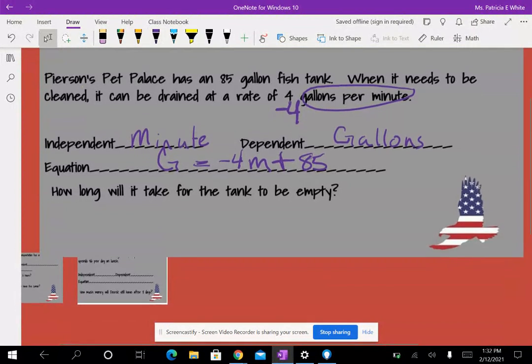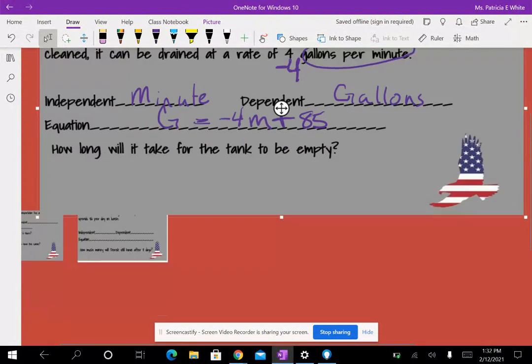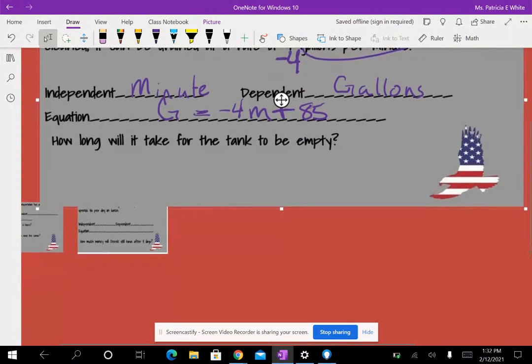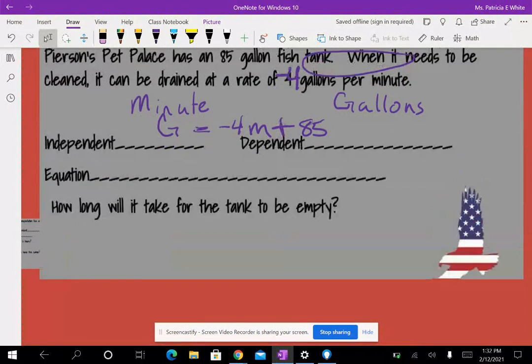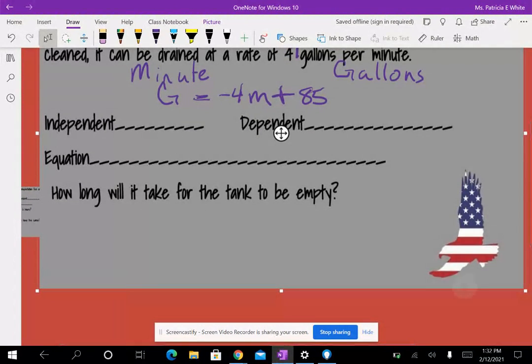So this one, I think we're going to actually end up with a decimal on this one, and that's okay. How long will it take for the tank to be empty?